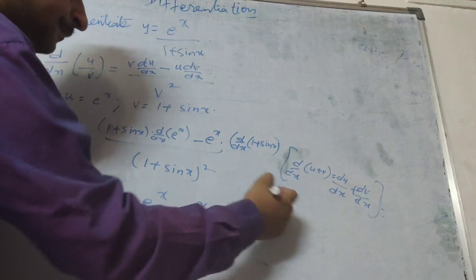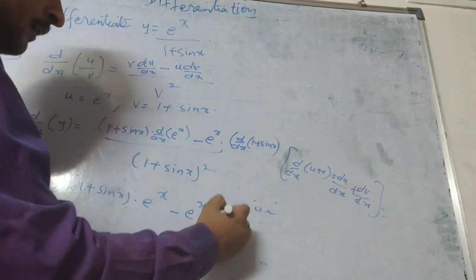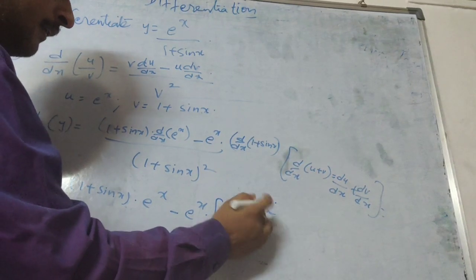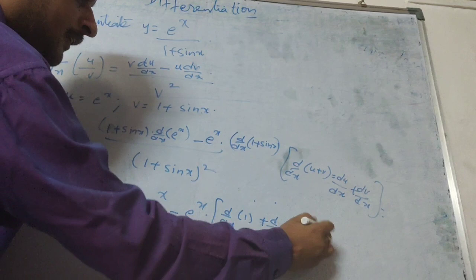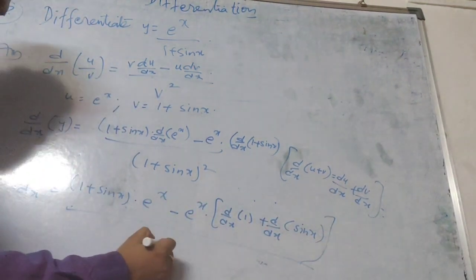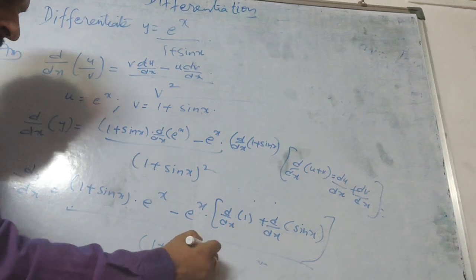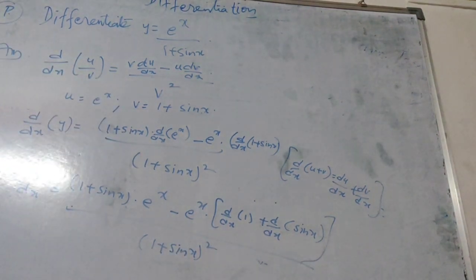So that will be d by dx of 1 plus d by dx of sin x, divided by 1 plus sin x the whole square. Make a note of this, friends.